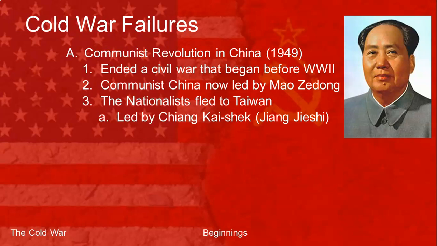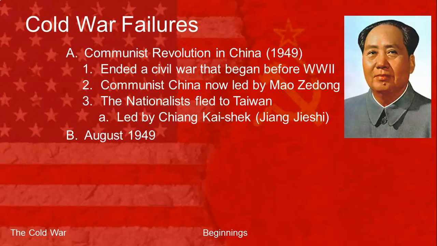And so as early as 1946, people in the U.S. government believed we were backing the wrong side in this communist revolution, that the nationalists would eventually lose, but we kept supporting them anyway because they were not communist. The nationalists, after they lost, fled to Taiwan and took control there, leading the United States to recognize Taiwan as an independent country.